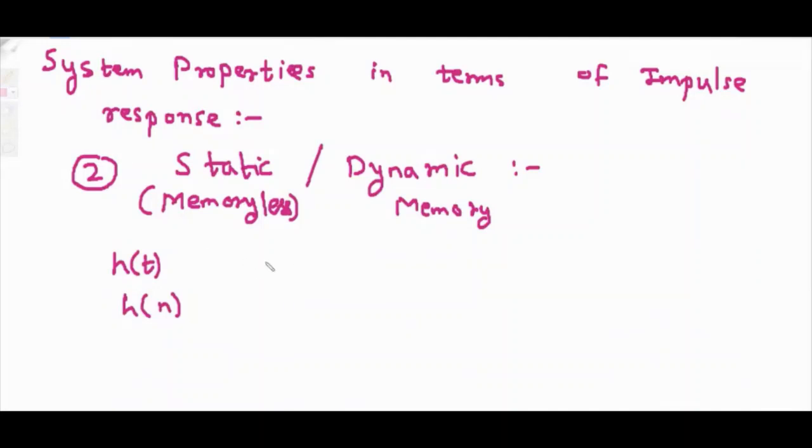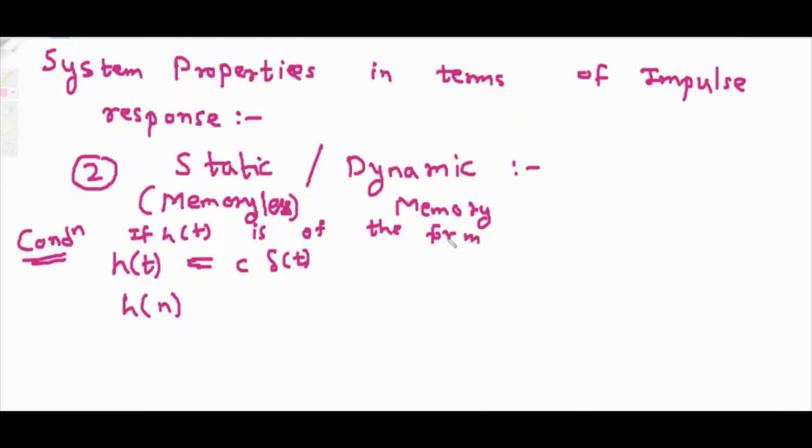Okay. So the condition is, if your h of t is of the form c into delta t, then system is called as static system.